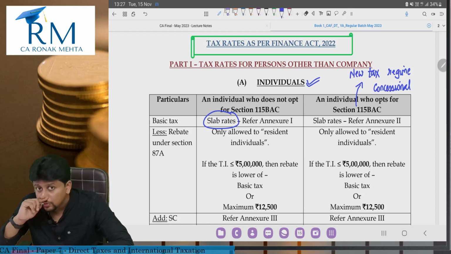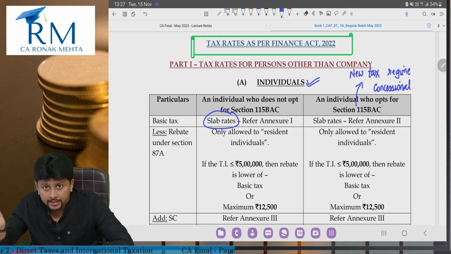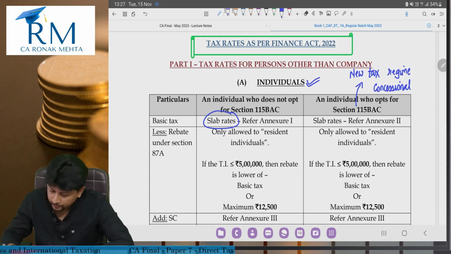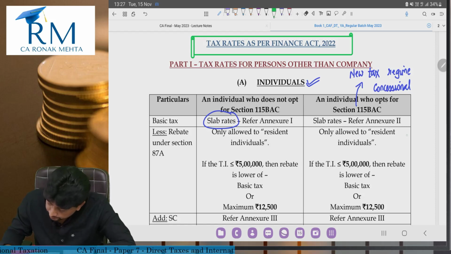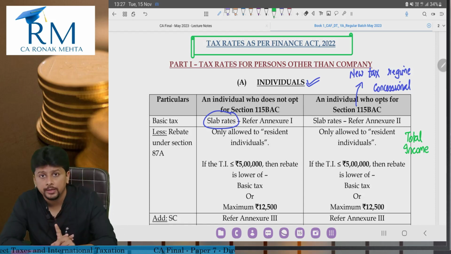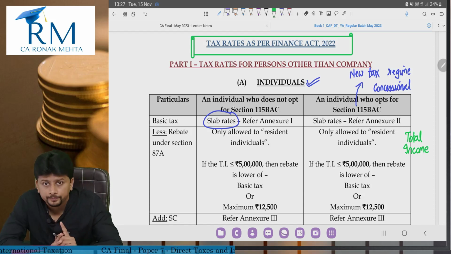But if you want to apply lower slab rates, then those lower slab rates are applicable on total income. But this total income is not the same total income that we calculate normally.